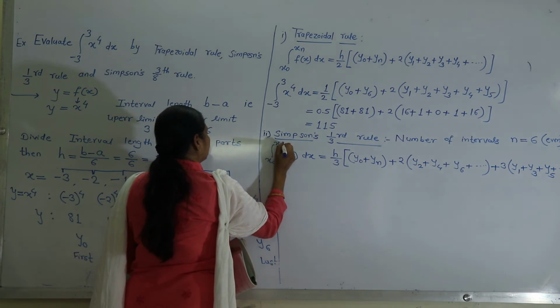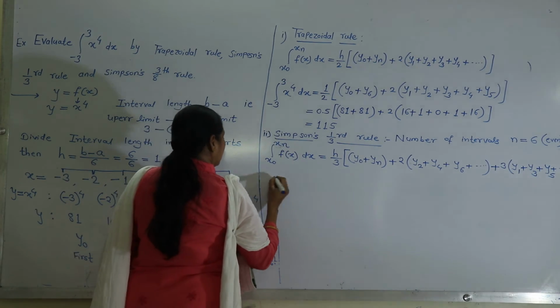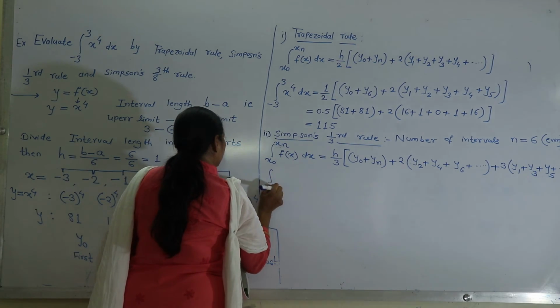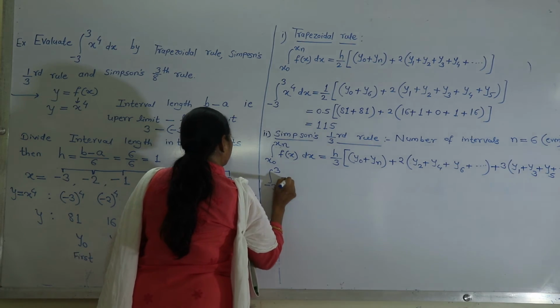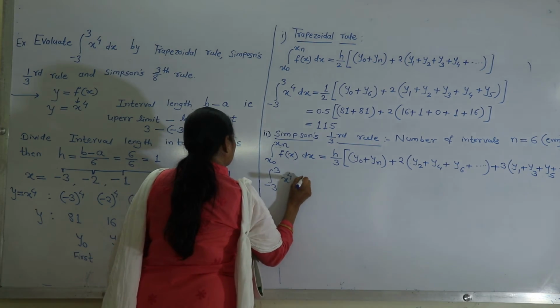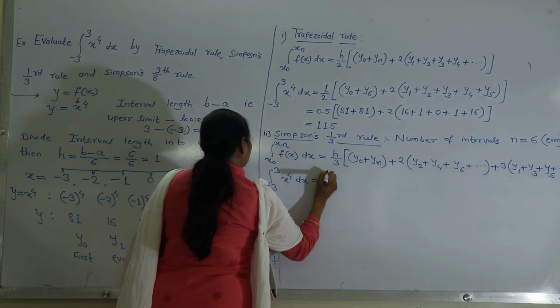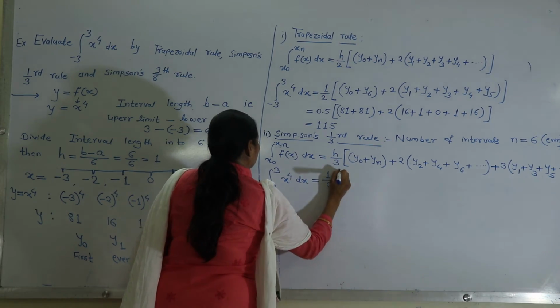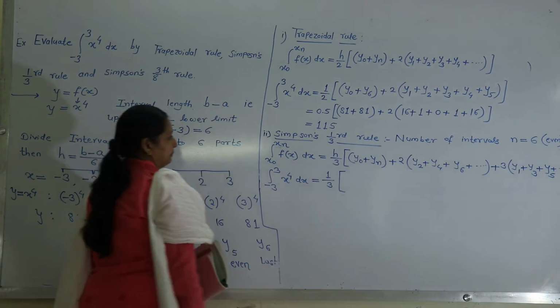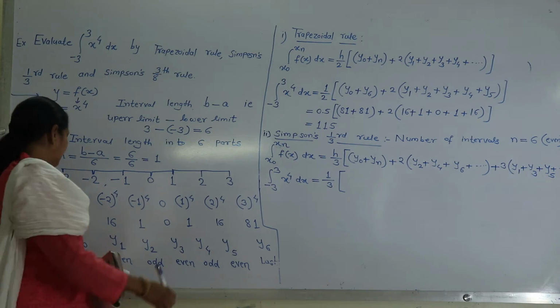Now our integration is from minus 3 to plus 3, f(x) is x raised to 4, dx, and h is 1 by 3.